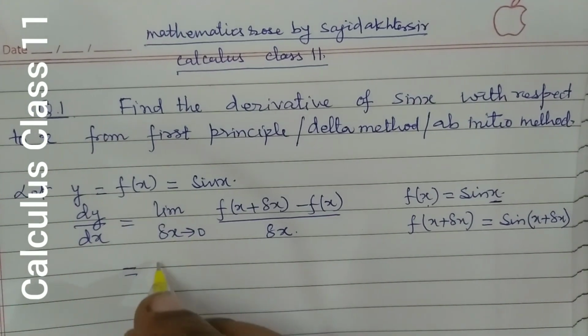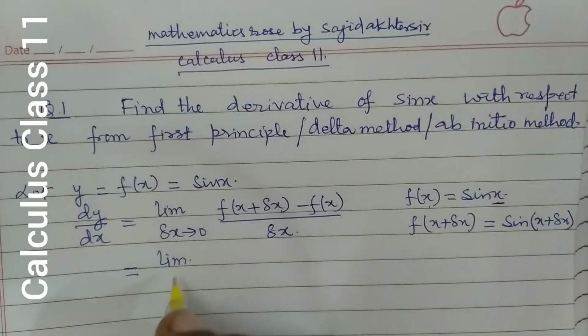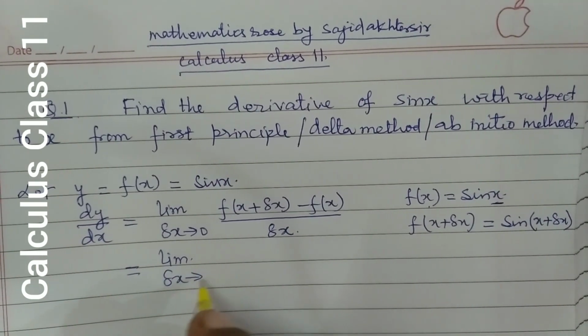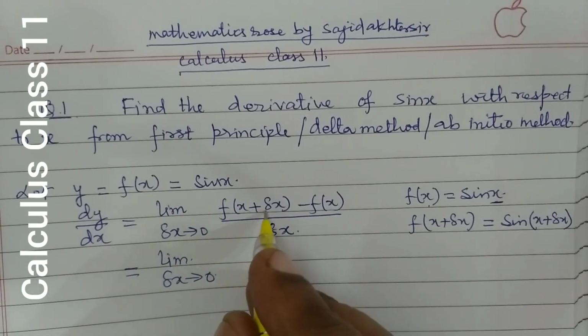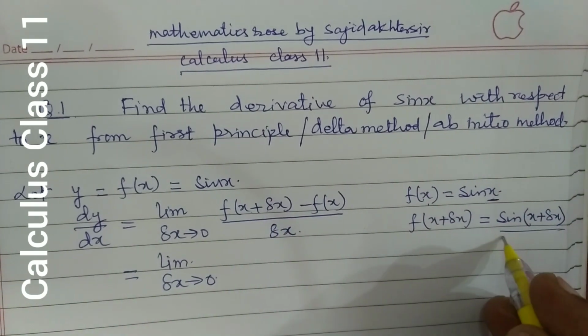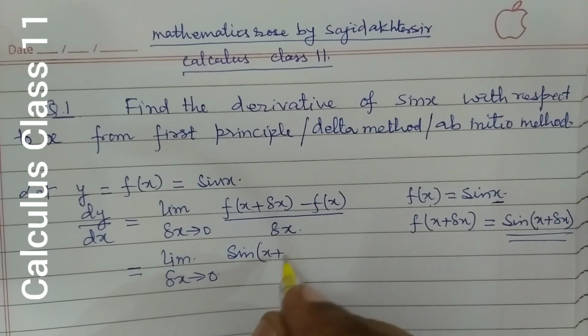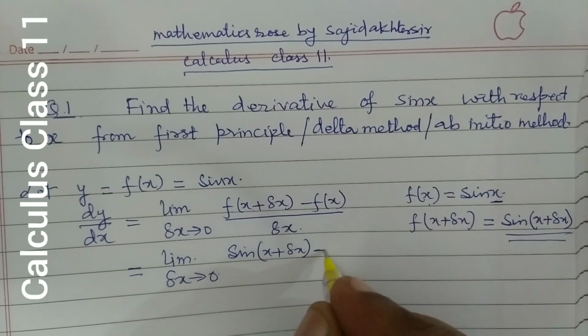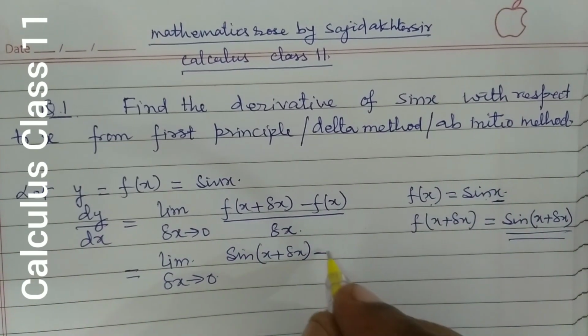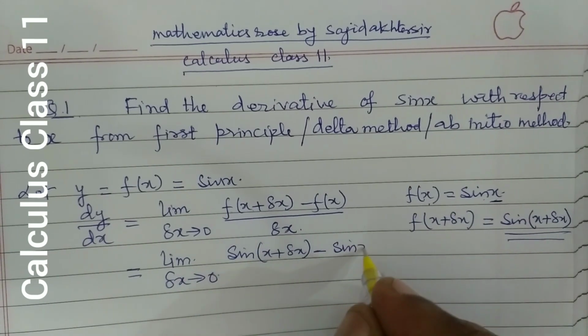So now here, limit delta x tends to 0, f(x plus delta x) is equal to what? sin(x plus delta x), and f(x) is given as sin x, so put sin x.